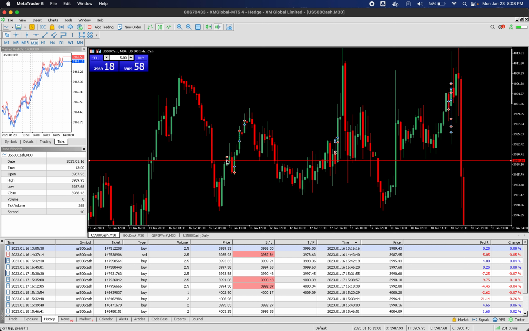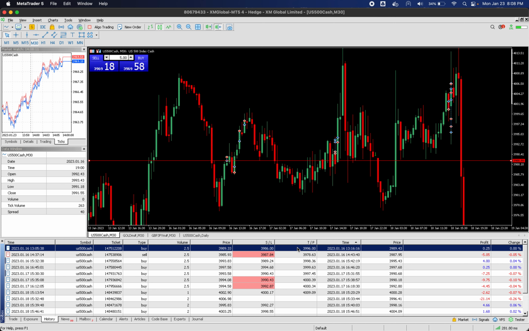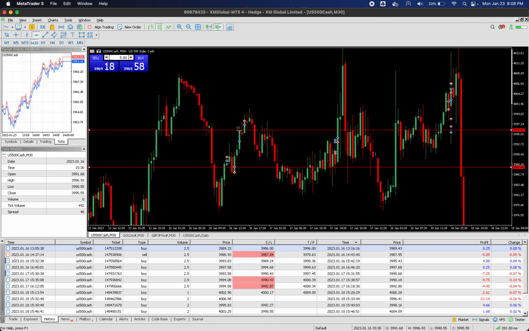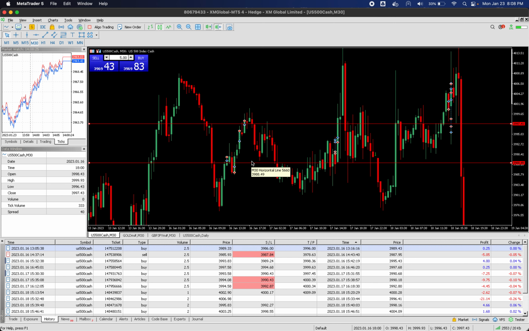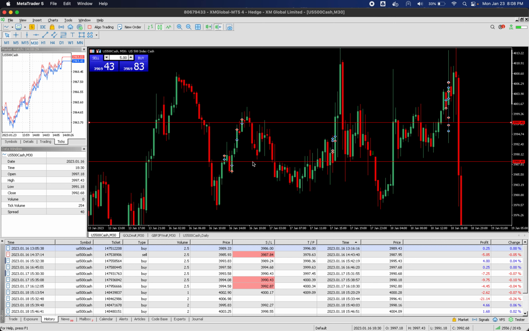and I think my stop here is 3996, somewhere around here. So I think I was trying to cover this range here. Hold on. There you go. I was trying to cover this range, 3996 something. So that was the idea.